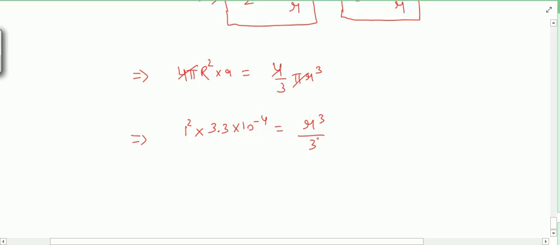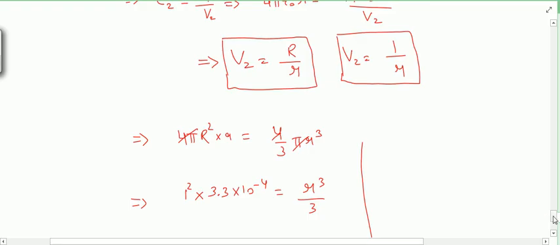If you solve this, we get the value in centimeters as r equals 0.09966 centimeter. Okay, and what was v?